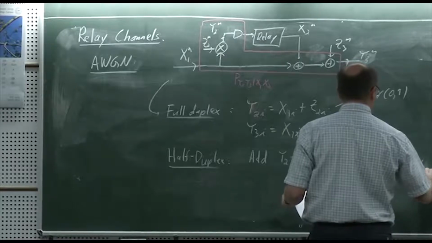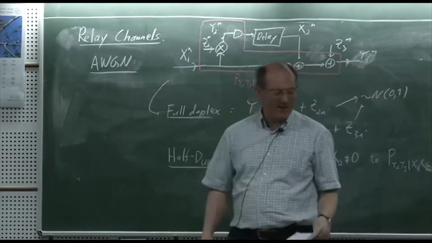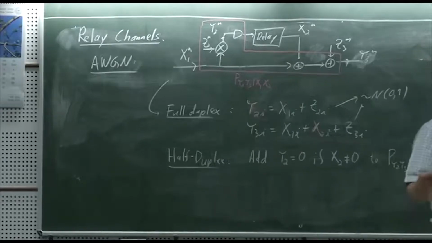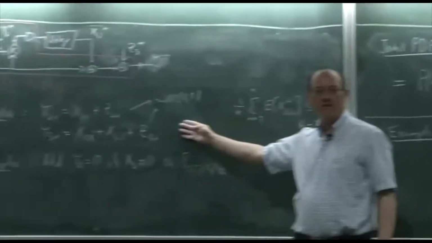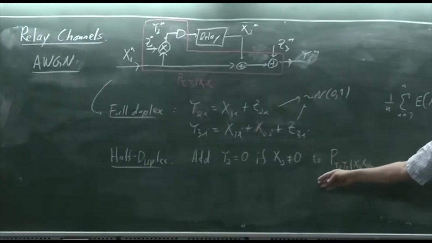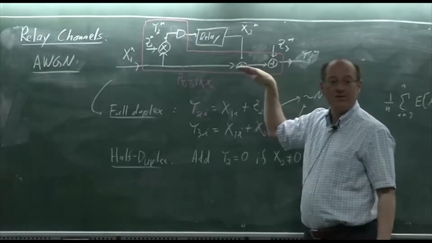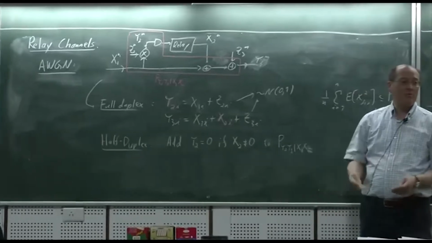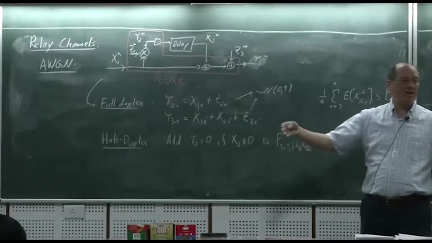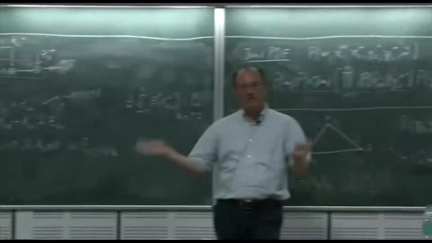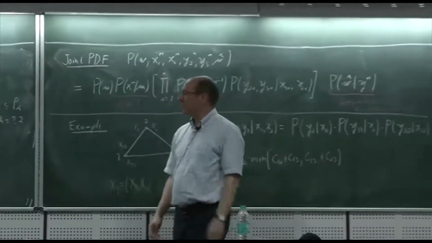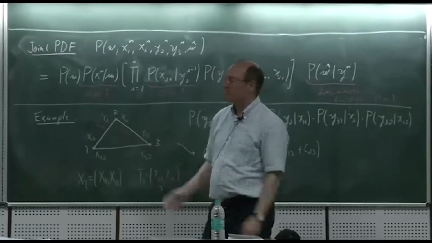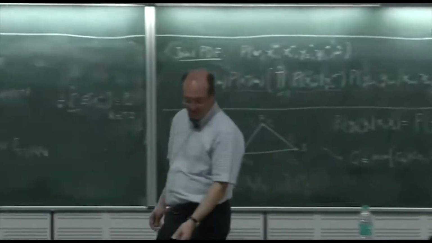The reason I emphasize this now is that I want to stress that the theory we're about to develop applies equally well to classic wired networks, as well as to full duplex networks, as well as to half duplex where we have separated bands, as well as to half duplex channels where we're operating in one band at the same time. So all the theory we're about to develop applies to all these cases, both to half duplex and full duplex relays.